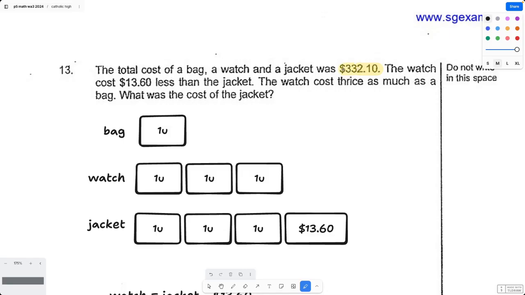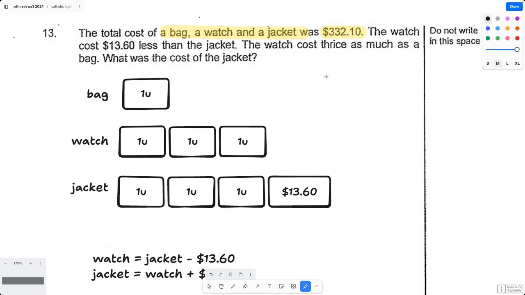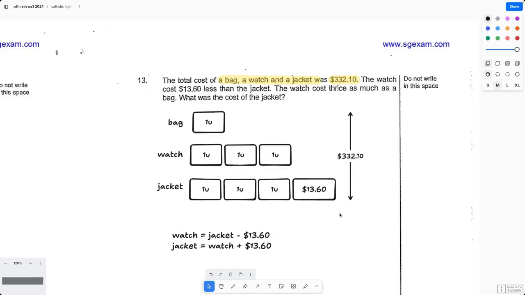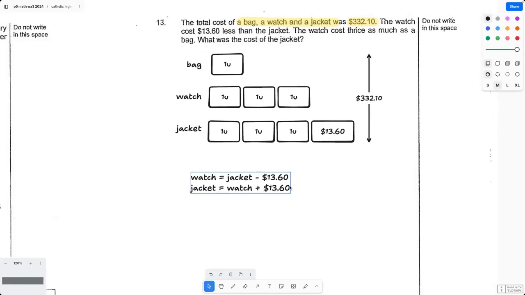It says here the total is $332.10 for all of the items, right? The bag, the watch, and the jacket. So with this, can we solve the question? Yes, we can, right?